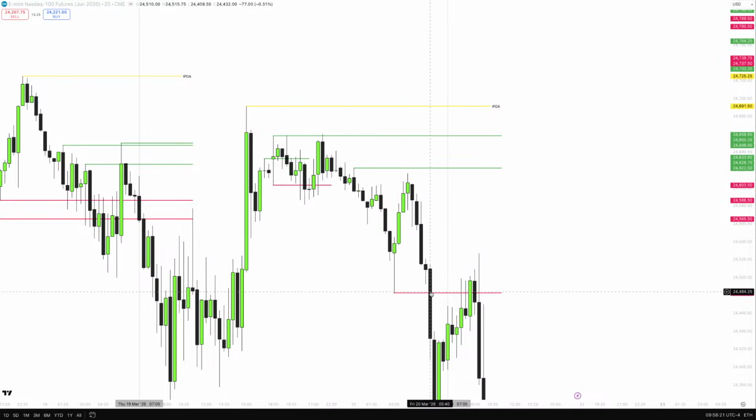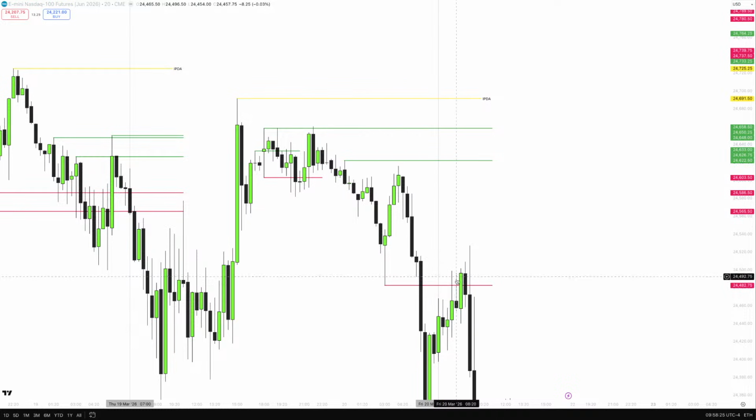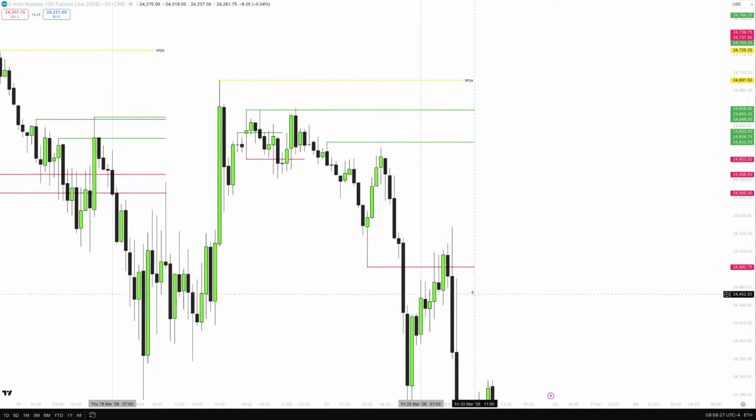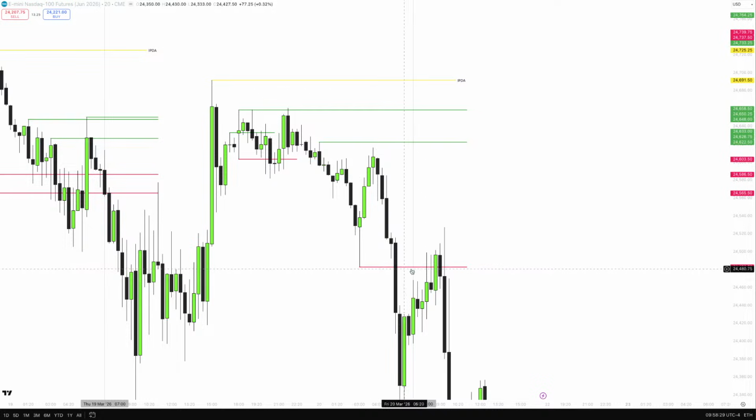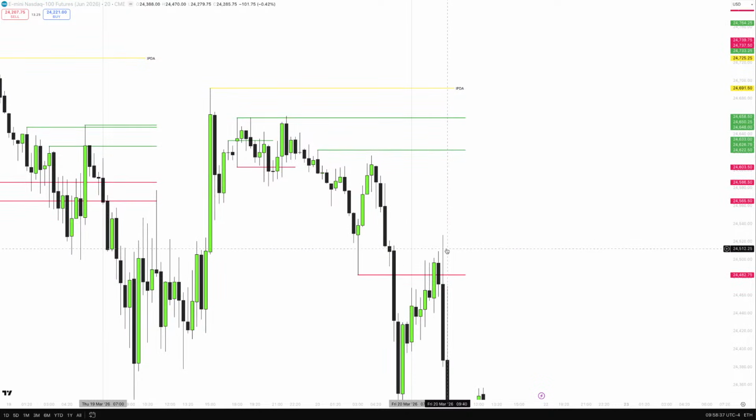So 2 displacements to the downside, and that means we will have a bearish session. And this low, the latest IPTA low we displaced to the downside, is also a key level to look at, to have this right here as a key level to look for shorts.